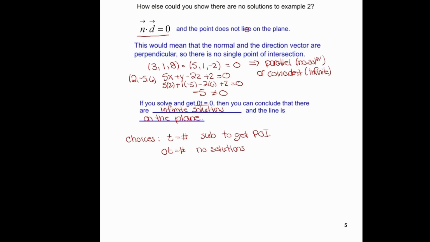This can't possibly happen because the line is parallel to the plane. They are never going to meet. The last scenario, the one we just looked at, is 0t equals 0. That means there's an infinite number of solutions, and that just means that the line is on the plane.